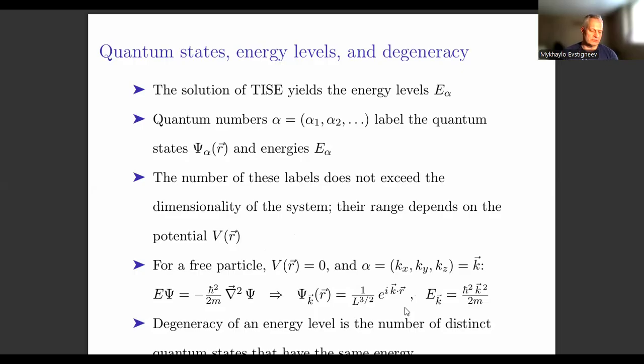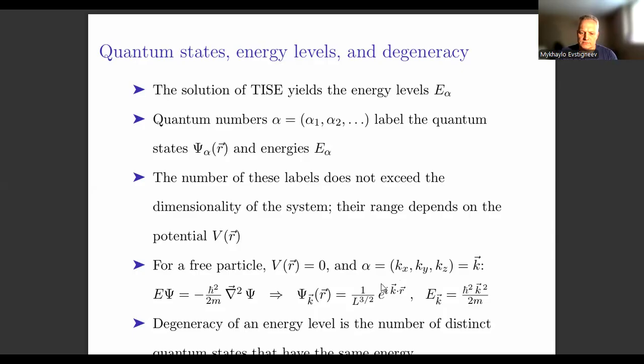I would like to remind you that we pretend that our particle finds itself in a very big cube of side length L, and we impose periodic boundary conditions. So the integral of this wave function modulo squared over the whole volume of this cube is 1.